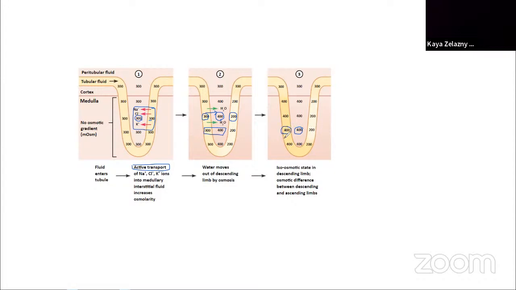And the fluid in the descending limb has reached equilibrium, so water stopped moving. Our ascending limb, nothing happened, so we're still at 200. And all of this is only happening in the medulla, so note that in the cortex, nothing is different between these images. So we're just staying at 300 in the cortex.